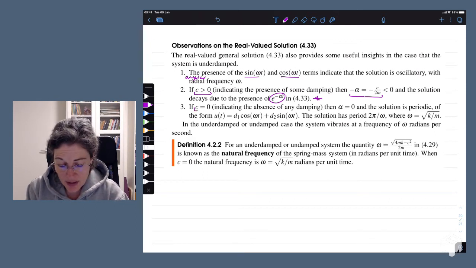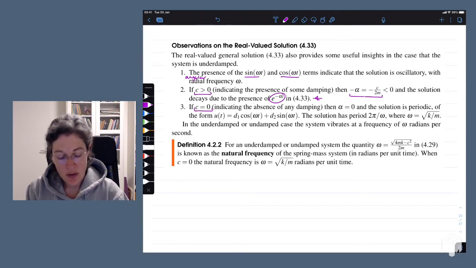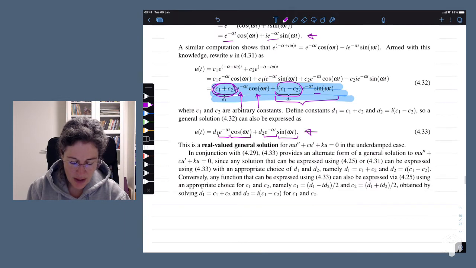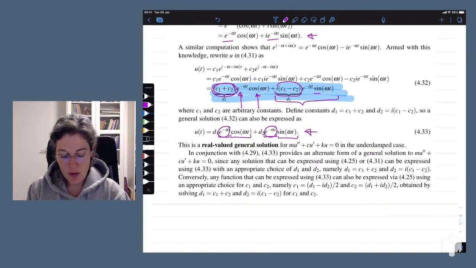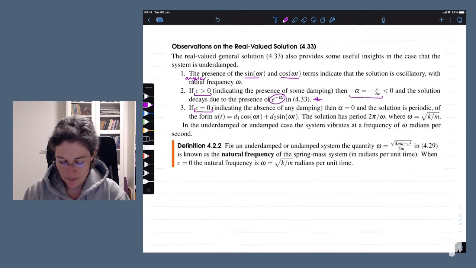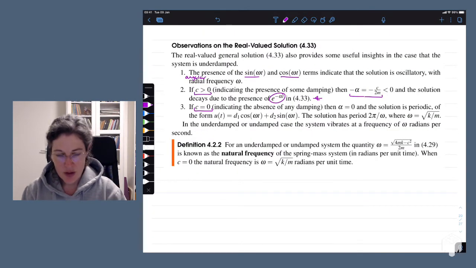On the other hand, if our c is equal to 0, so there's no damping, then alpha is equal to 0. And if you think about what that's going to do over here, it's going to make each of these terms equal to 1. So we don't have any damping and we just have an oscillatory solution. So in fact, we've now folded in the case with no damping into our underdamped case, but we needed to work through both of them first.